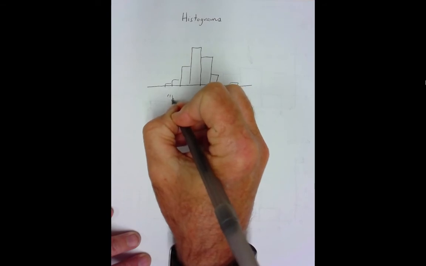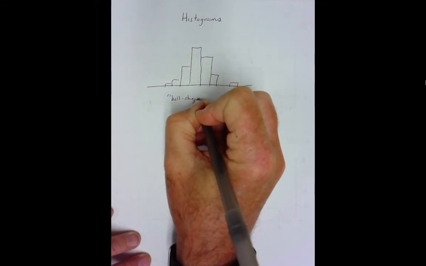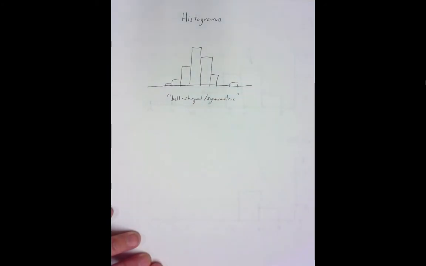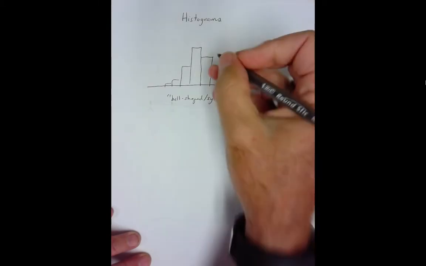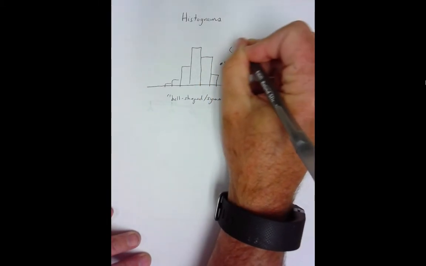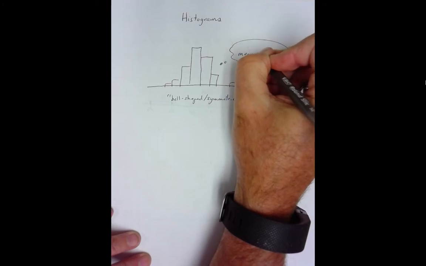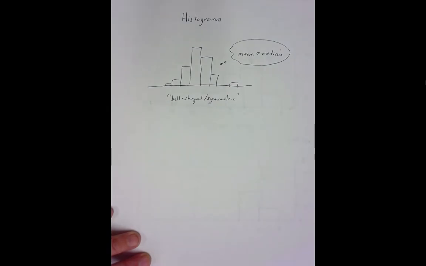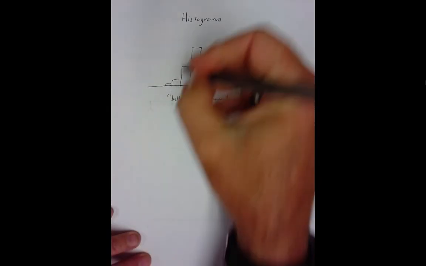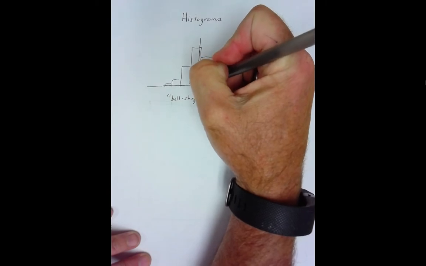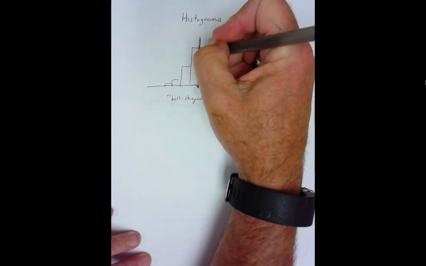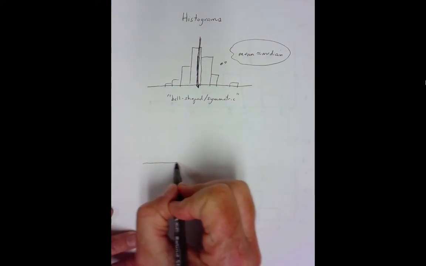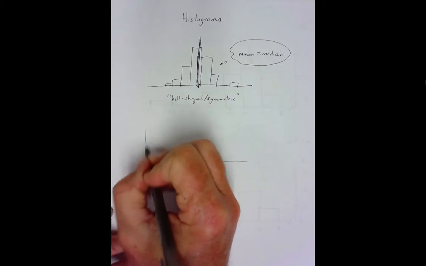We will call this a bell-shaped and symmetric distribution. What you can think when you see one of these is that your mean and your median will be very close to the same value. In fact, the mean and the median will reside somewhere in this location right here, smack dab in the center of the distribution.